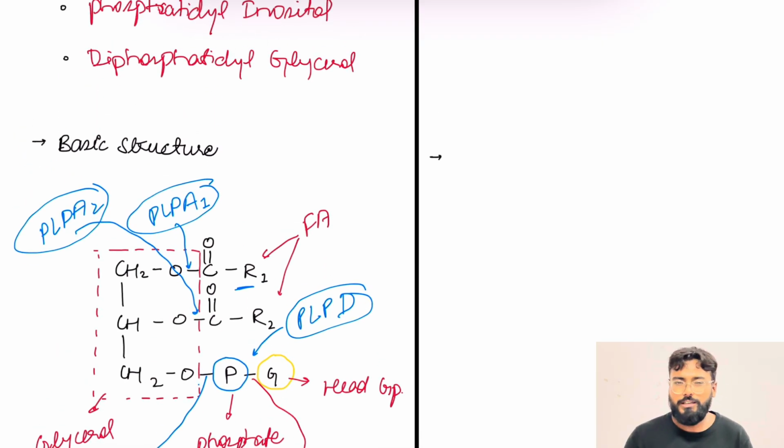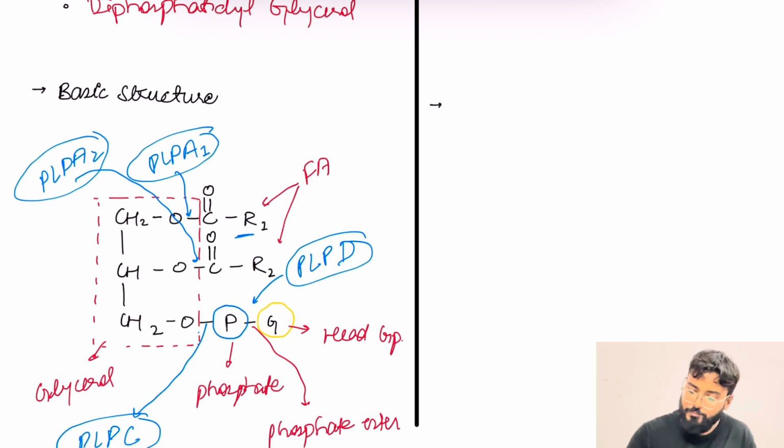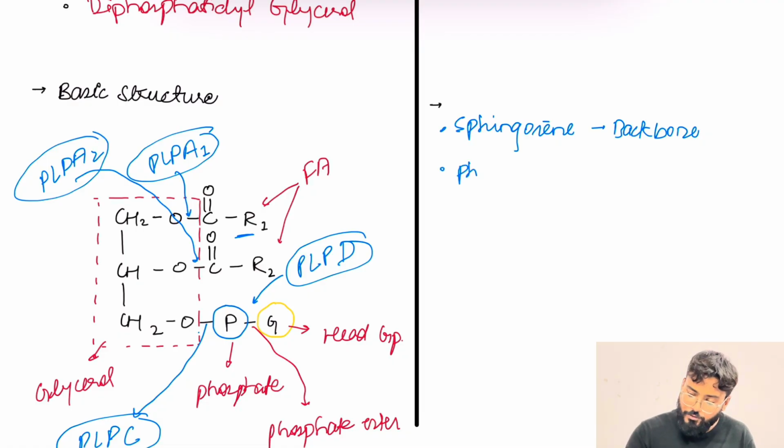Now what is the basic structure of a sphingophospholipid? In sphingophospholipids, the components that you are going to see are sphingosine, which is your backbone. Then you have your phosphate group.